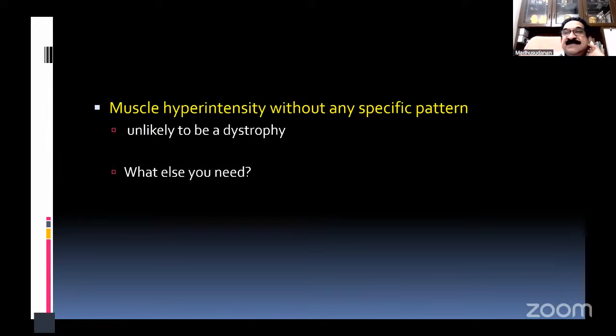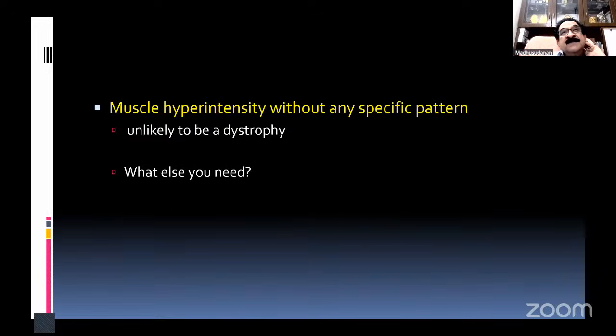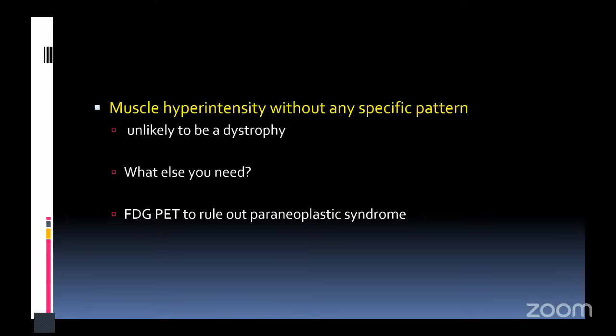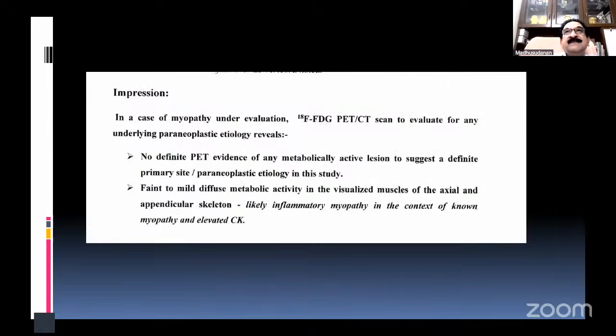So what else do you need? Biopsy, sir. Muscle biopsy. If FDG PET picks up malignancy, then we can avoid muscle biopsy. FDG PET was done for paraneoplastic syndrome. Normal.